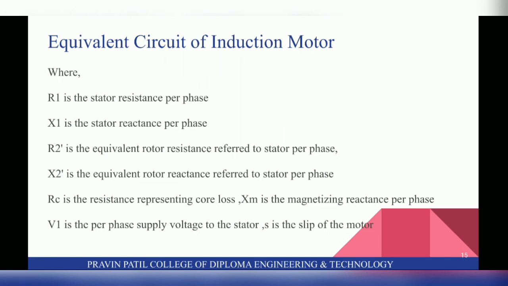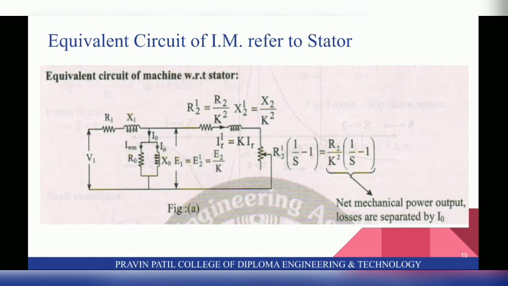V1 is the per phase supply voltage to the stator. S is the slip of the motor. So this is the equivalent circuit of induction motor referred to stator. So actually equivalent circuit of induction motor and equivalent circuit of transformer are the same.